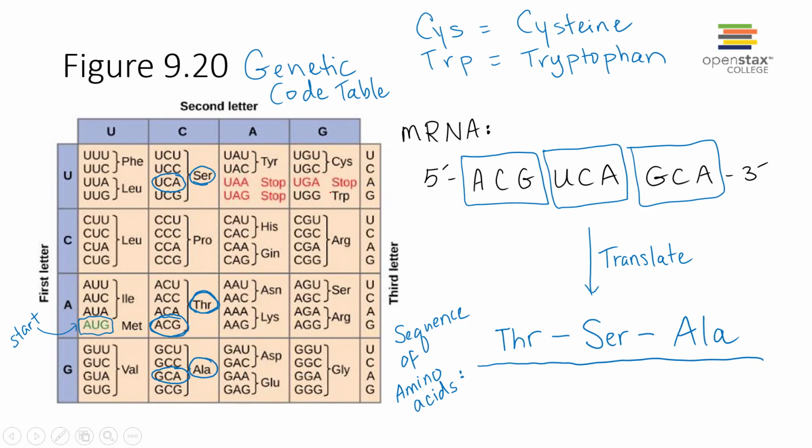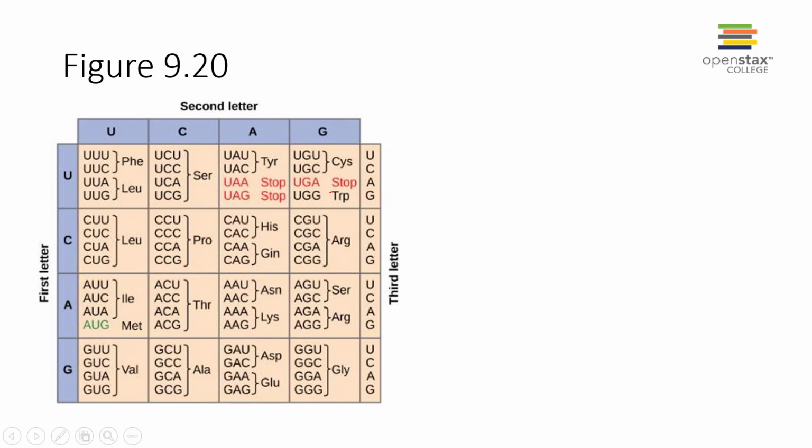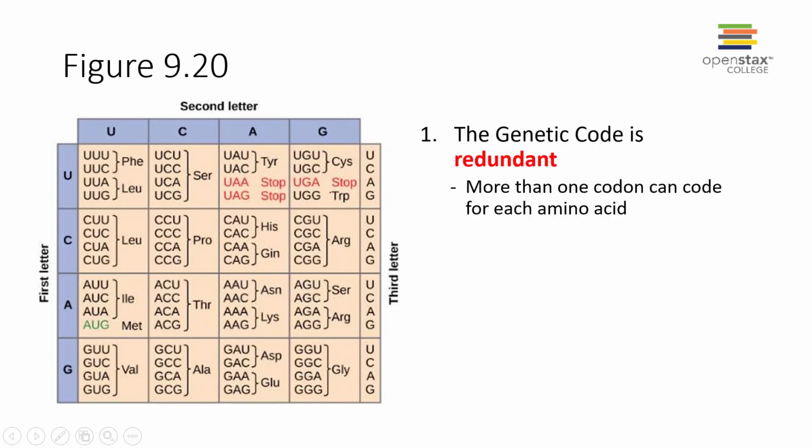I want to draw your attention to two more important things about the genetic code table before we wrap up this video. The first thing I'd like you to realize is that we use some descriptive words regarding the genetic code. So the genetic code is redundant. And what we mean by that is, more than one codon can code for each amino acid.